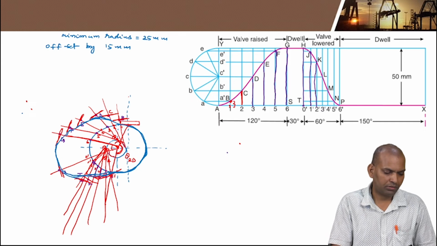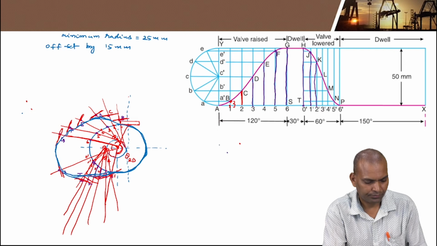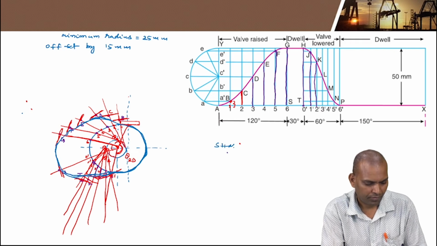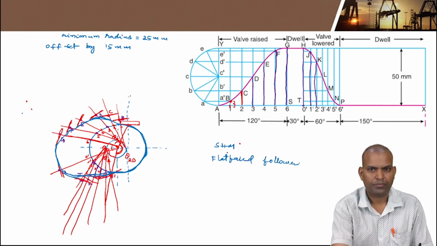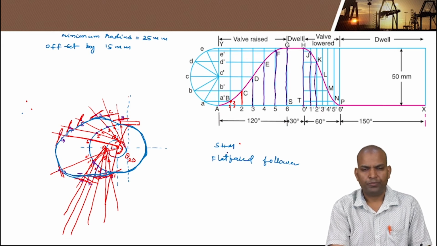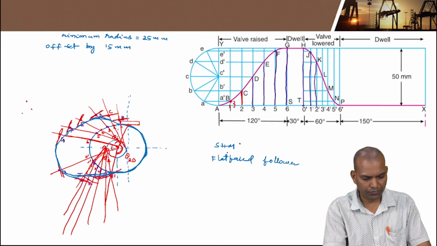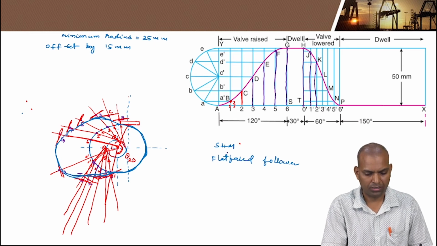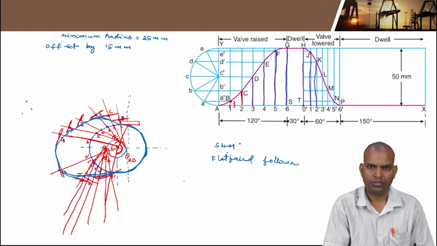This is when the follower has simple harmonic motion and the type of follower is flat faced follower. So this is the procedure to draw the cam profile of the follower when it is under simple harmonic motion during outstroke and return strokes.